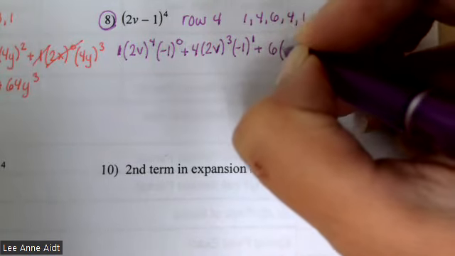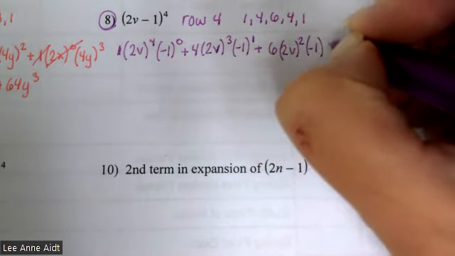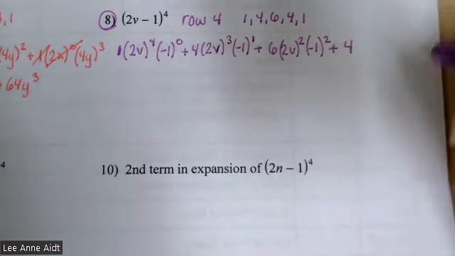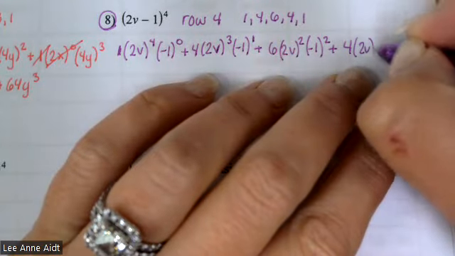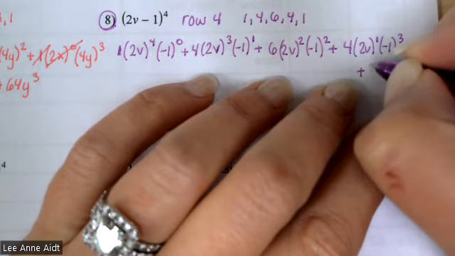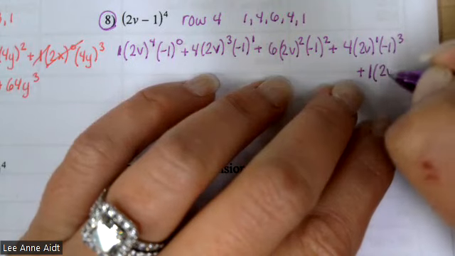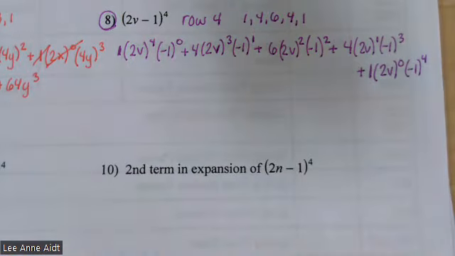Plus 6 front seat down, back seat up. Plus 4 front seat down, back seat up. Plus 1 front seat down, back seat up.